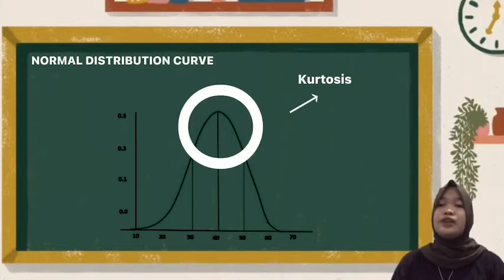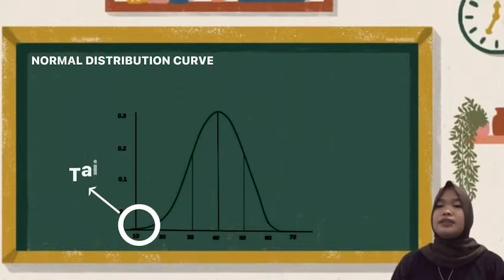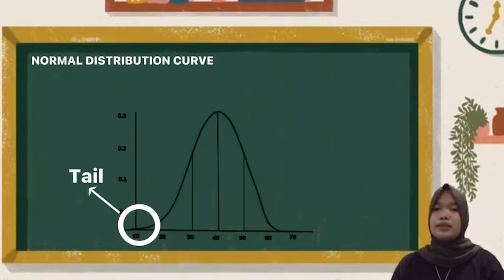That's the congregation of the scores. While this part, itong may circle, yan yung tail ng curve natin. Ibig sabihin, yun na yung kung saan pababa na yung frequency ng mga students na nakakakuha ng scores.